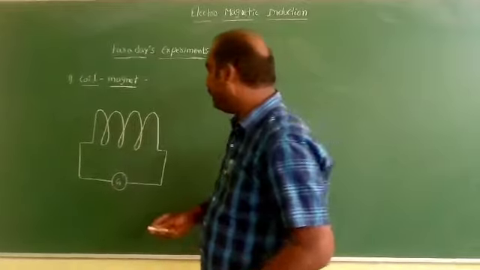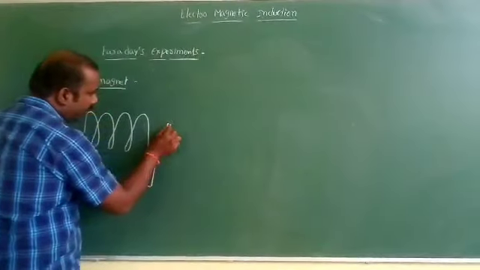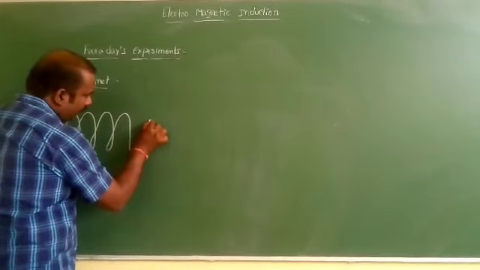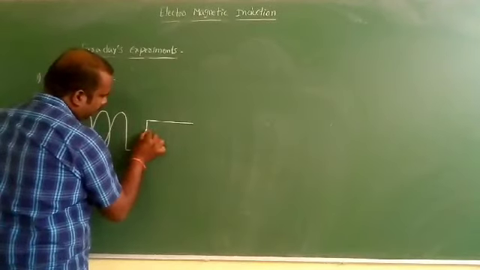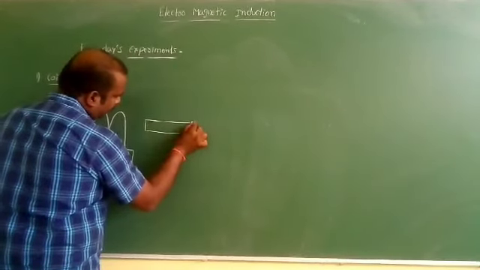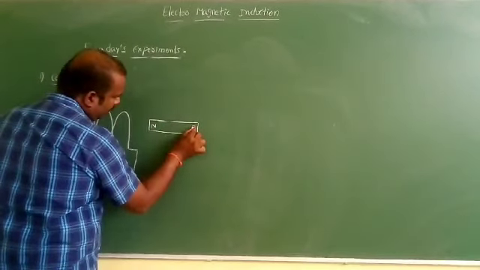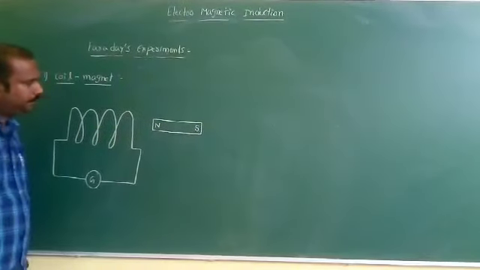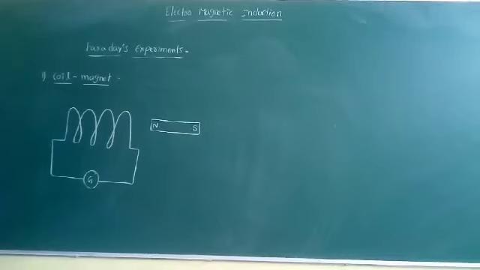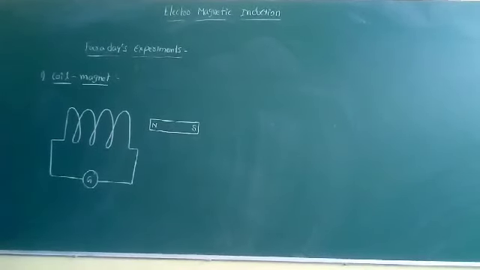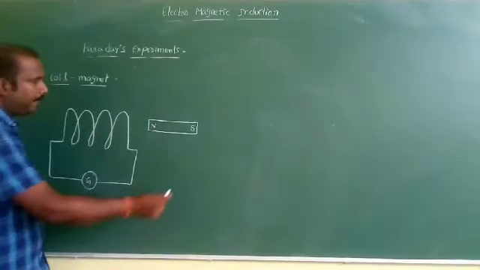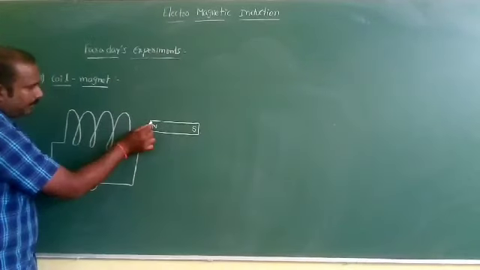Now what I am doing, here I am taking one bar magnet. This is north and this is south. If I am taking one bar magnet, what's happening?